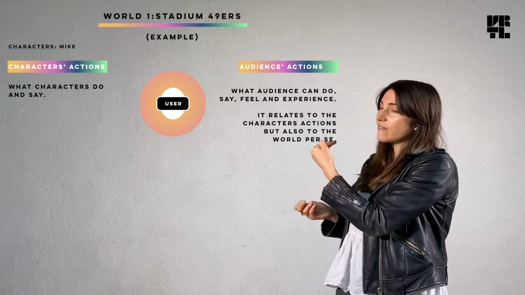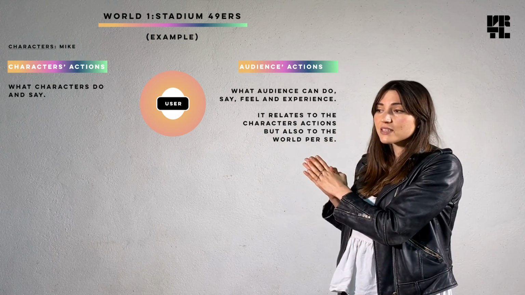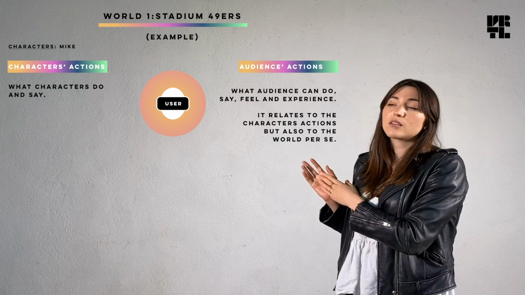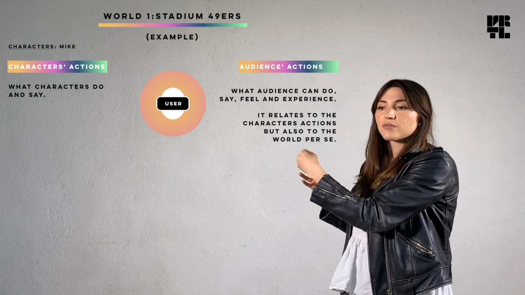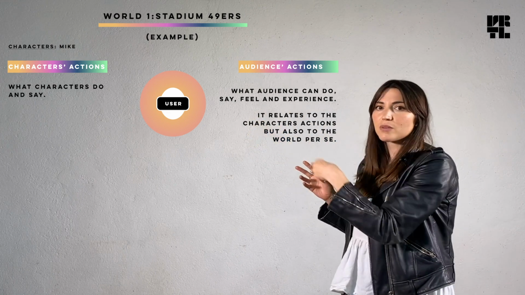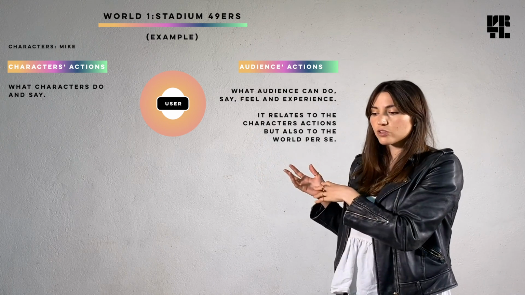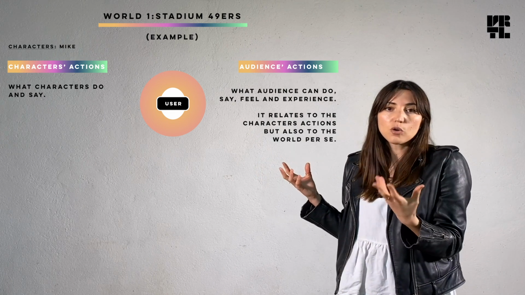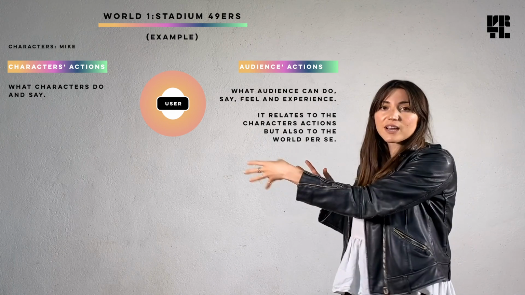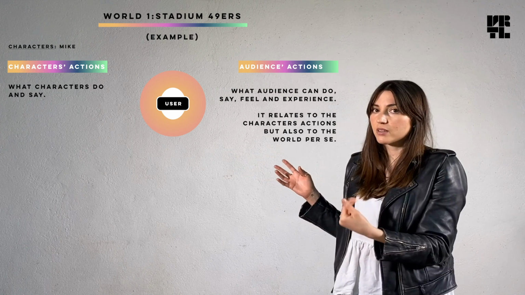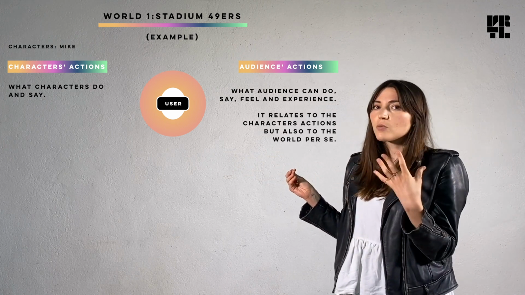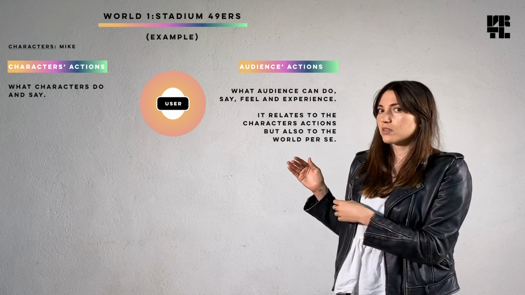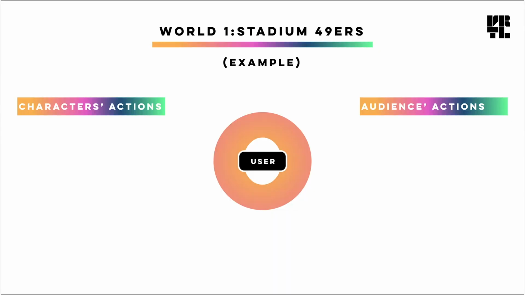And we're going to do the same for the audience. In that case, what the audience is allowed to do can relate to the characters, if they can listen to them or maybe follow them, and also to all the actions that they could potentially do just because they are in this environment. In that case, all the things that someone could do just because he's in a stadium.